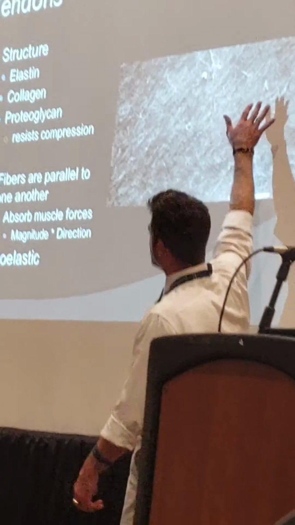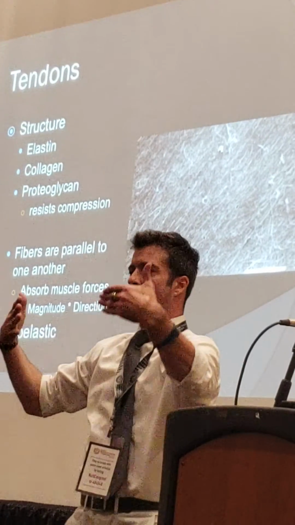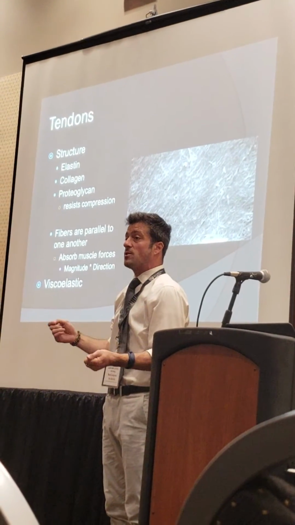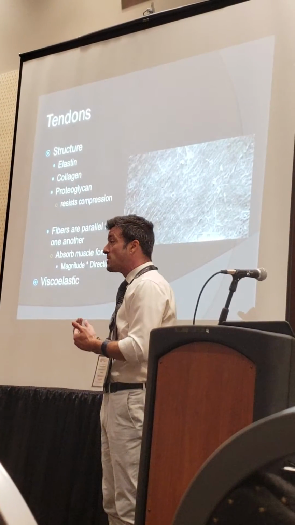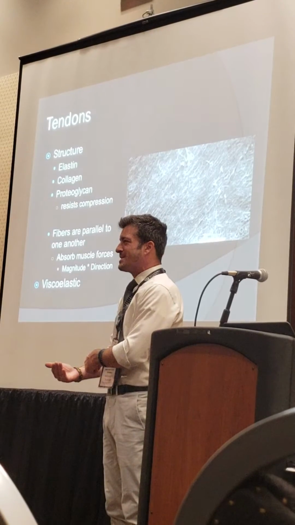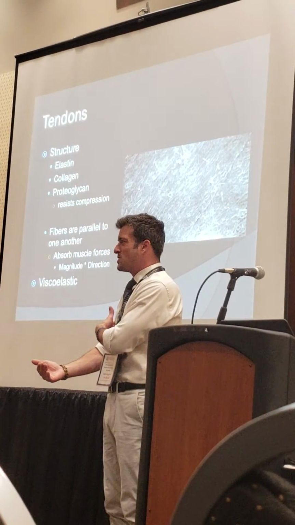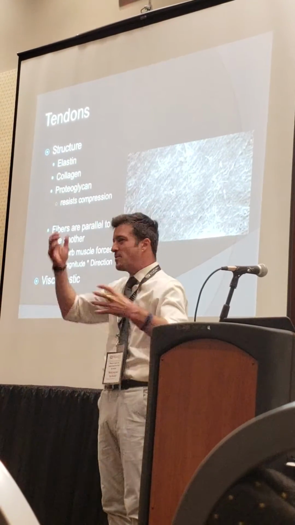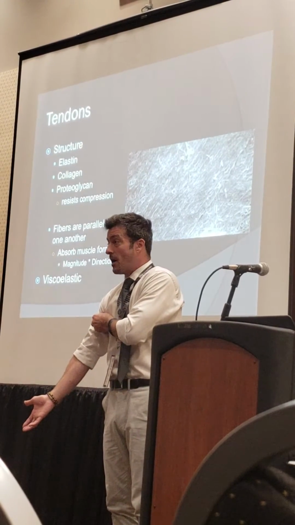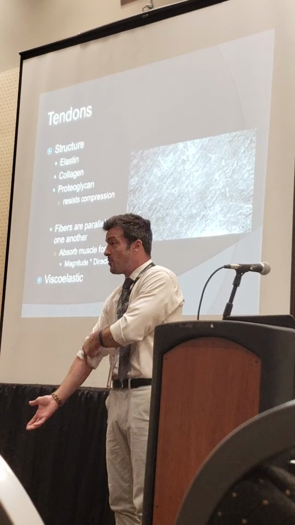So you see, it's almost like an elastic band, where all the material is in one direction. The reason why all of the material in tendon is in one direction, as opposed to multiple directions, is because for the most part, your tendons are attached to muscles, and your muscle doesn't contract in multiple different directions. My bicep contraction is in one plane, right? Forward, backward, one plane of movement.